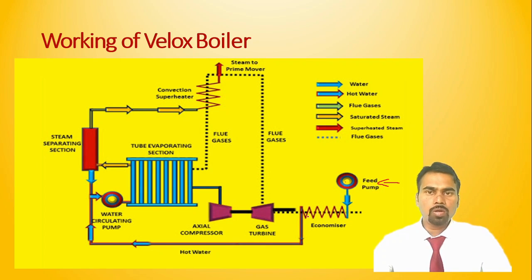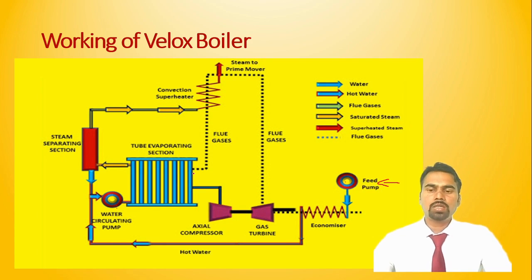As this economizer is located in the path of flue gases, this water absorbs heat from the flue gases and becomes hot, means the temperature of that water increases. This hot water can be sent into this evaporating tube by using the circulating pump, right?